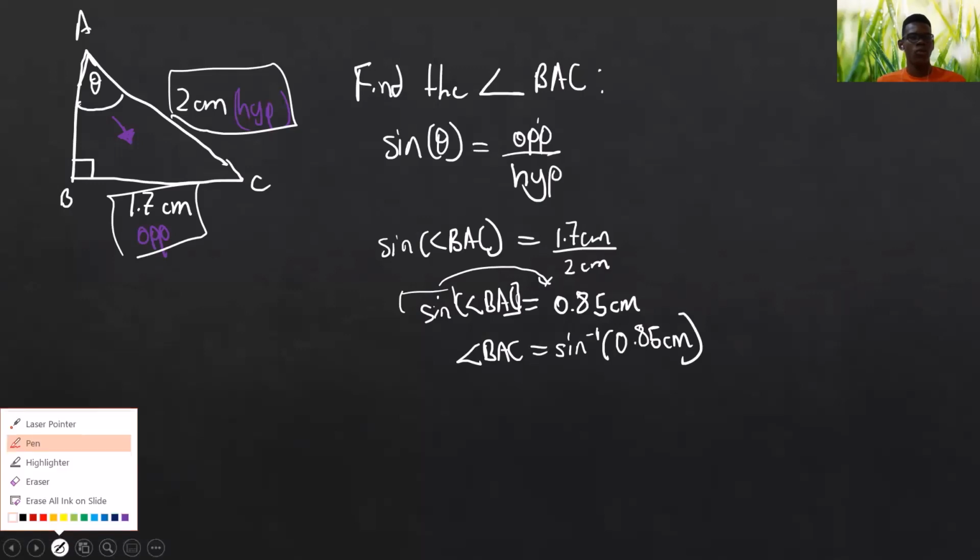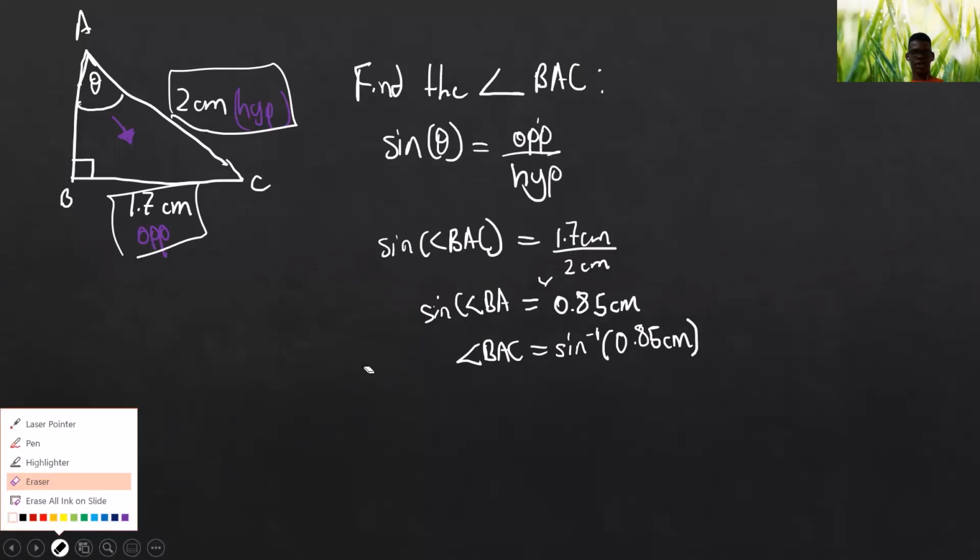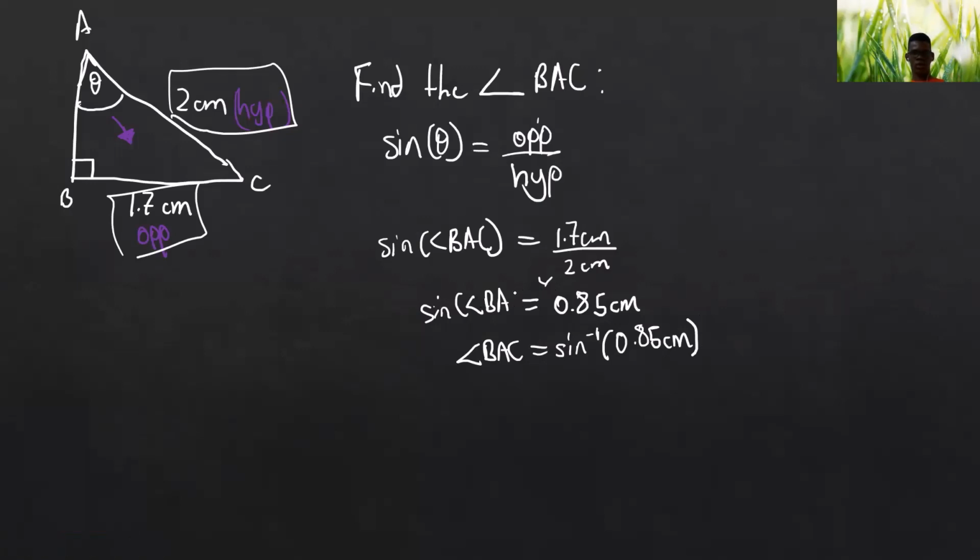So we've carried the sine over the equal sign, and it becomes sine inverse of whatever was already over there.